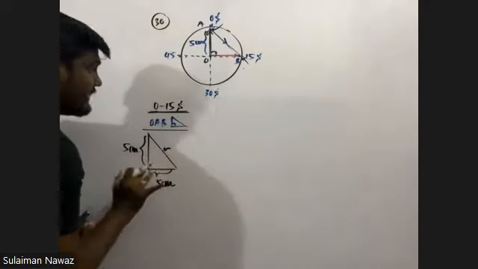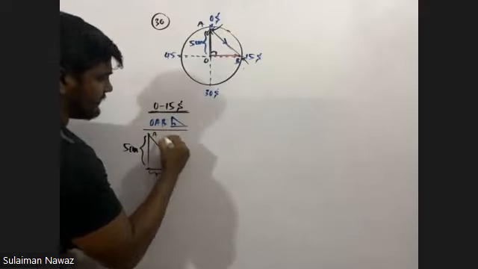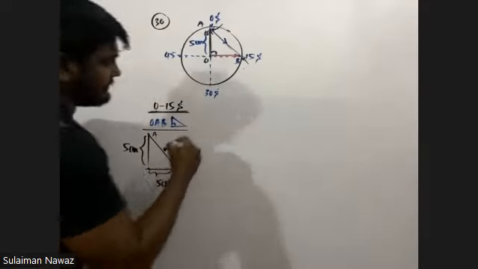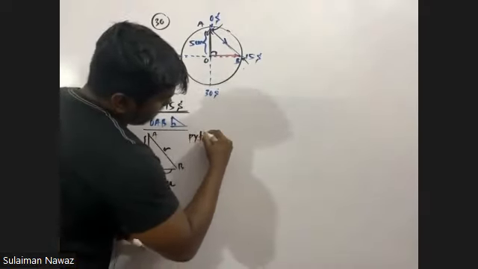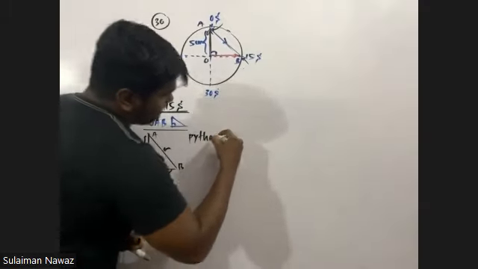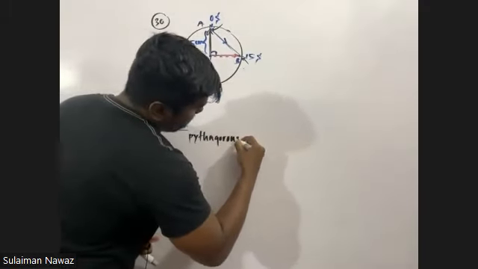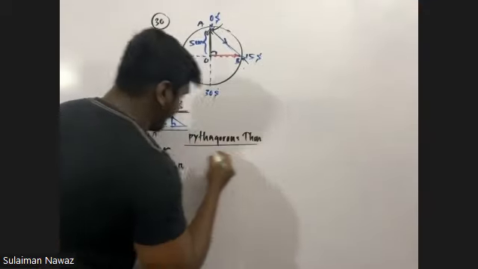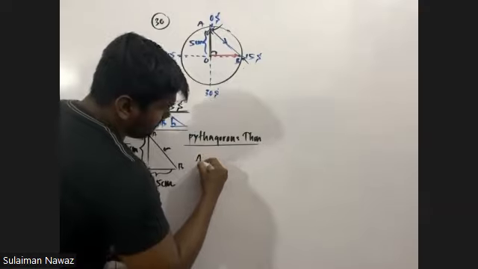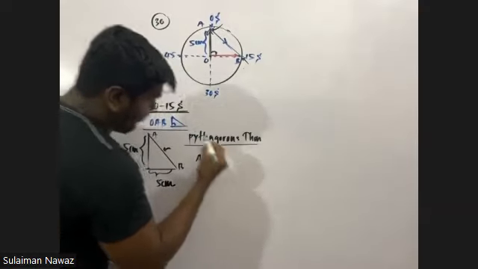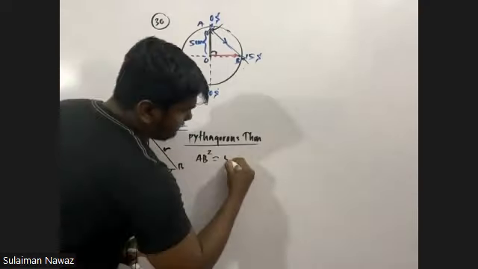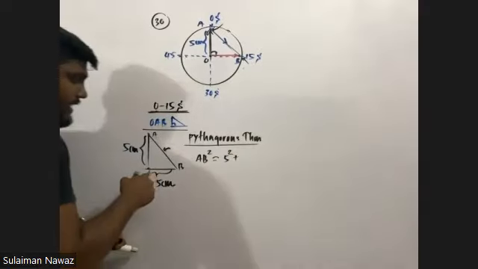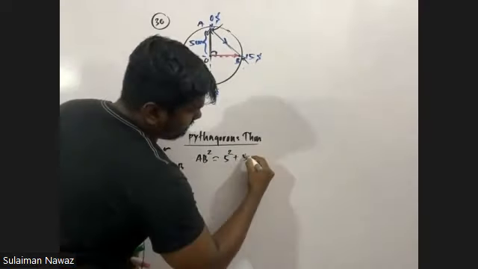So if I say this is AB and apply the Pythagoras theorem, then we can say that AB squared equals 5 centimeter squared plus this length squared, 5 centimeter squared.